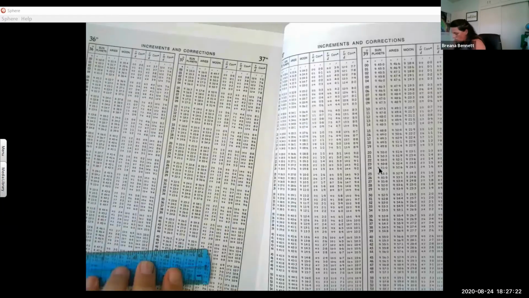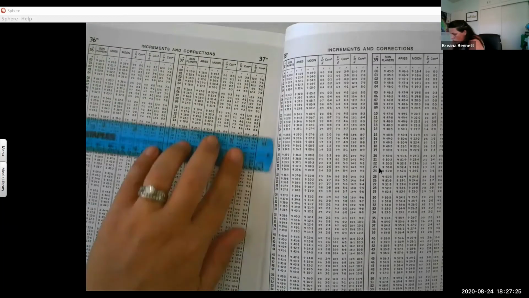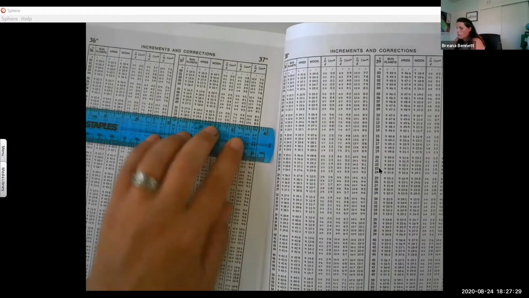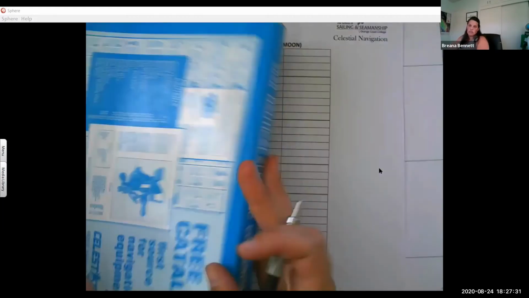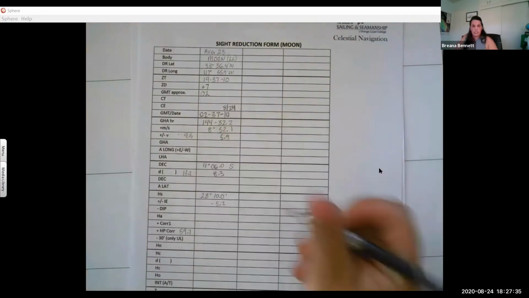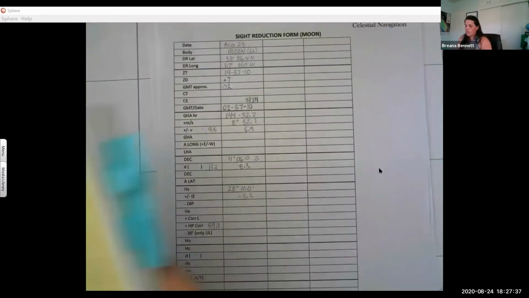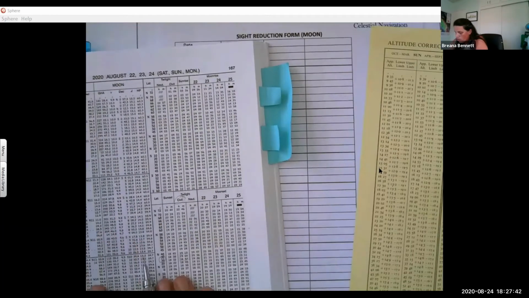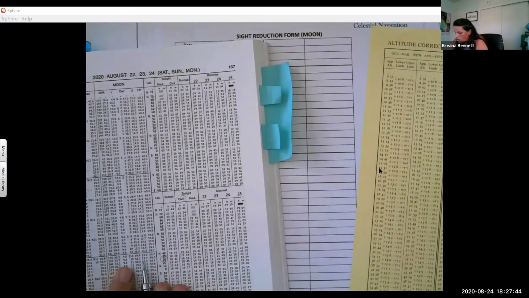And my B was 13.2. So that's going to give me 8.3. And I forgot to say if we were increasing or decreasing our declination. So we were the 24th, and we are increasing.